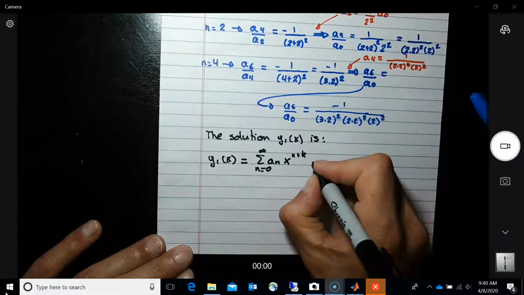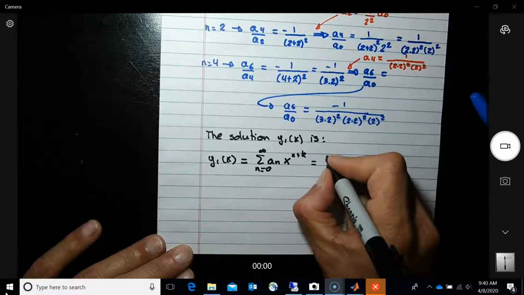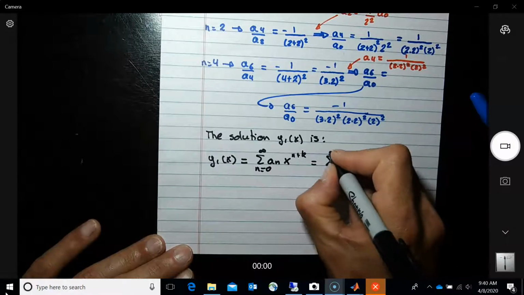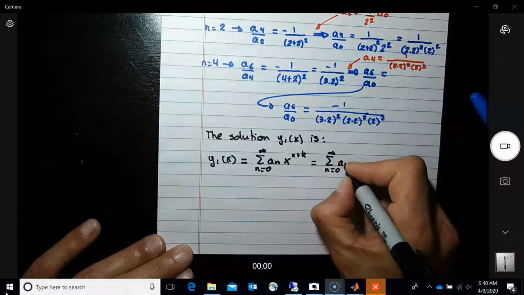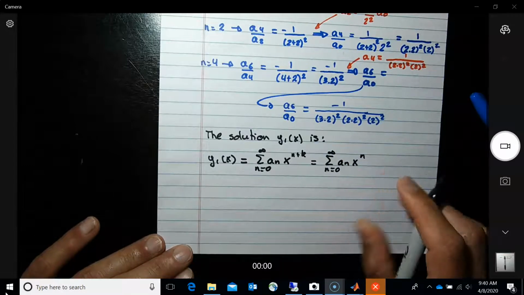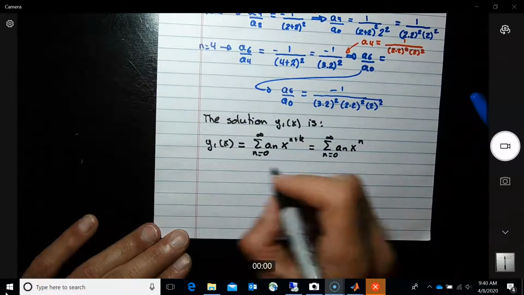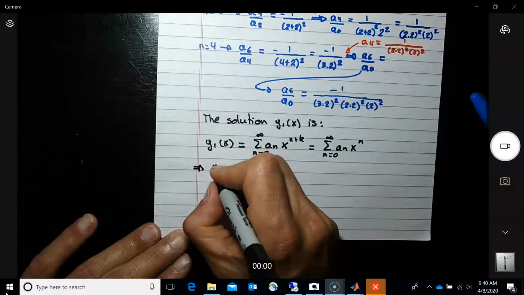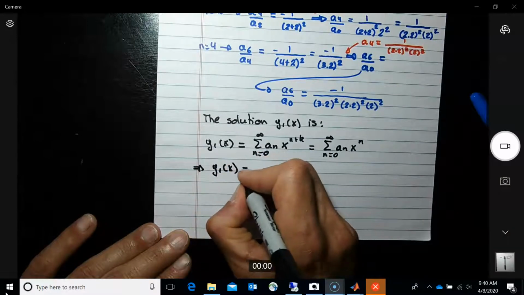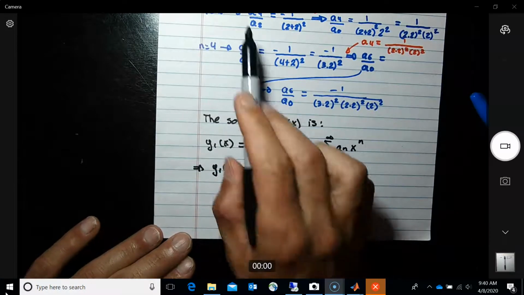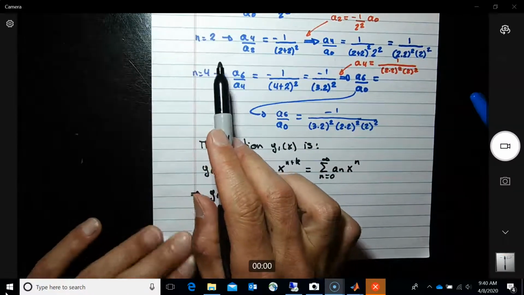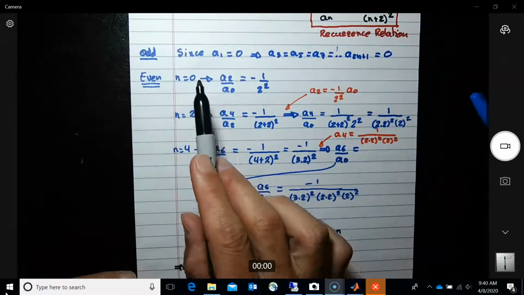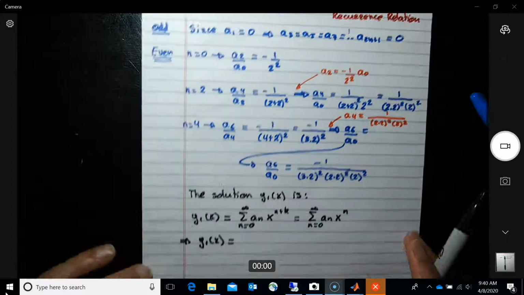But k was equal to 0, so we had summation of a sub n x to the n. From above, we know that we only take the even cases because all the odd coefficients will be equal to 0.